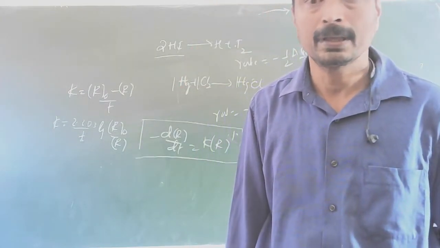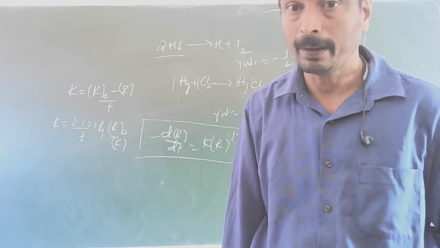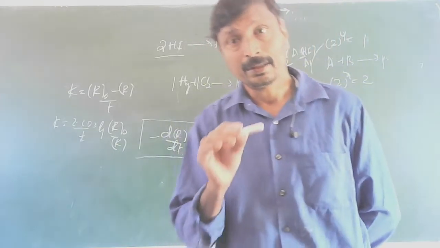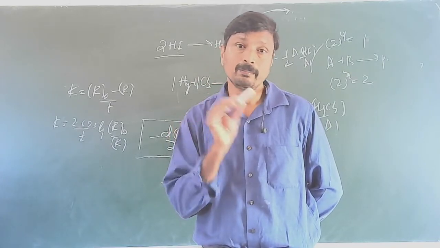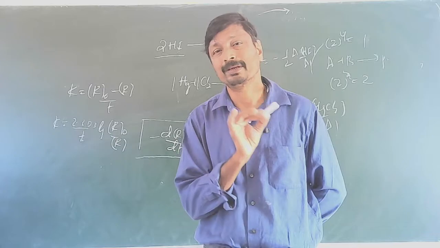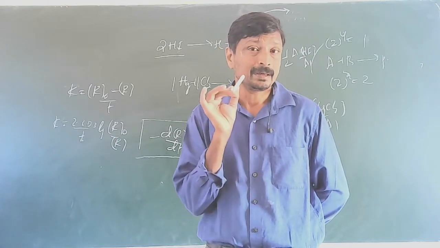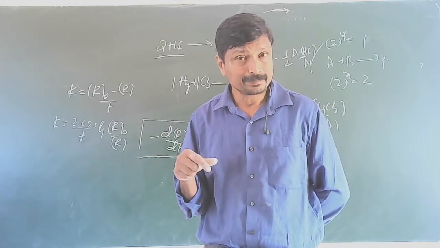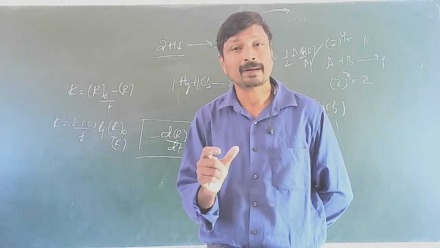After that, I discussed what is half-life period. Half-life period for the zero order reaction is directly proportional to initial concentration. Half-life period for the first order reaction is independent of initial concentration. Pseudo first order reaction I discussed there. After that, the second one is the effect of temperature, Arrhenius equation, and effect of catalyst.